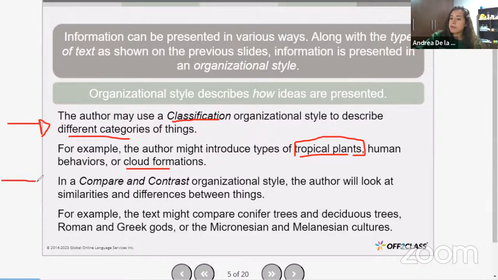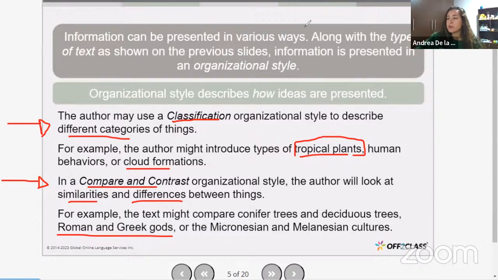You also have comparison and contrast sometimes, where the author, or the professor in this case, looks at the similarities and differences between things. For example, we can have a comparison between Roman and Greek gods, or between World War II and World War I. And in that case, you will have the similarities and the differences.